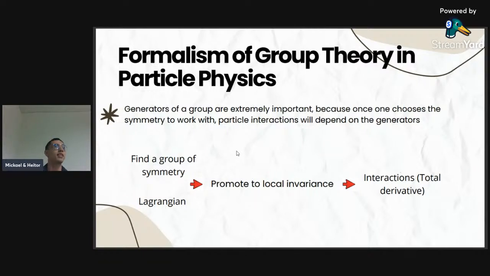We take a look at what symmetry makes that Lagrangian conserved globally, which global transformation makes that Lagrangian invariant. And then we promote this global symmetry to a local symmetry, and then we redefine the derivative from a simple derivative to a covariant derivative, or total derivative.